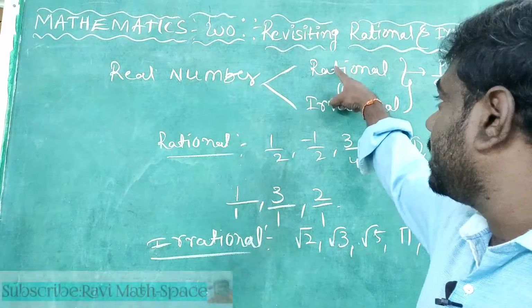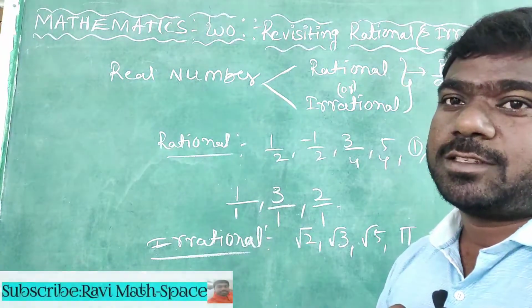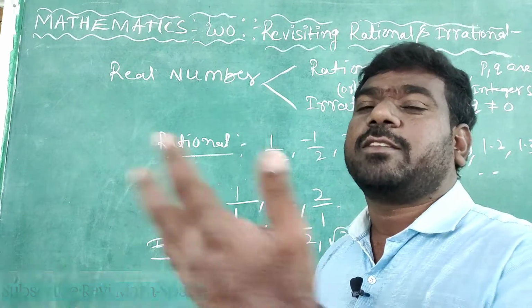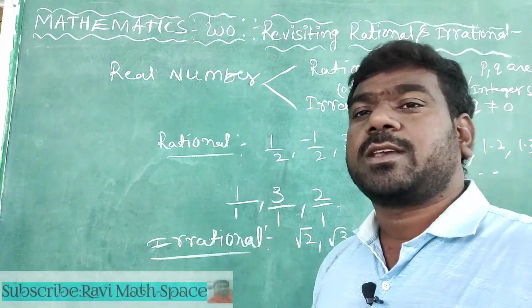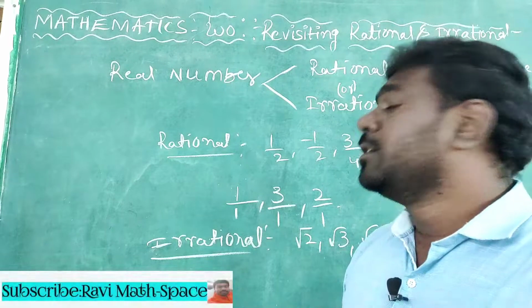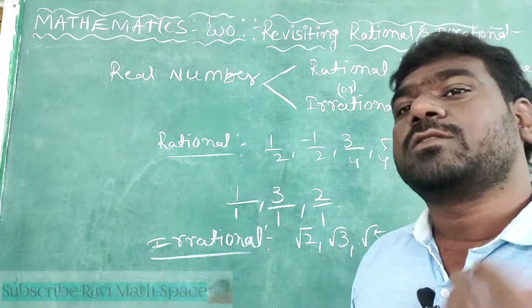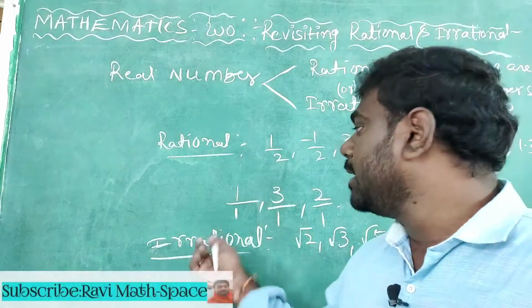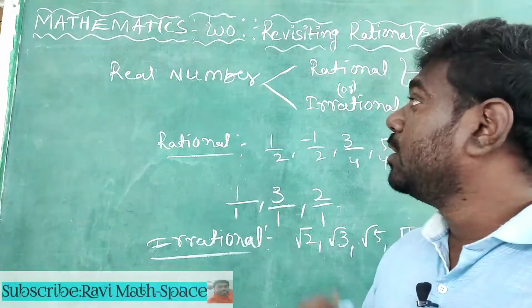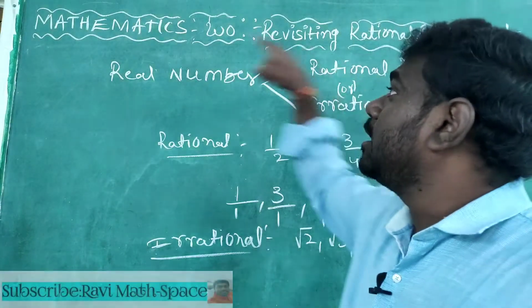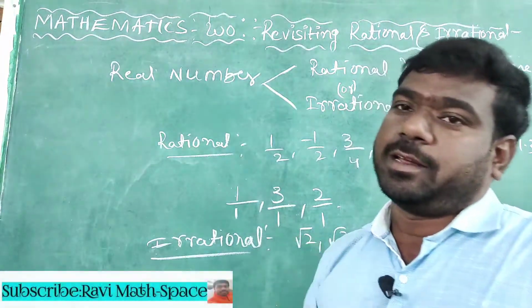So rational and irrational, very easy. The numbers which can be written in the form of p by q are called rational numbers. The numbers which cannot be written in the form of p by q are called irrational numbers. The combination of rational and irrational numbers is called real numbers.